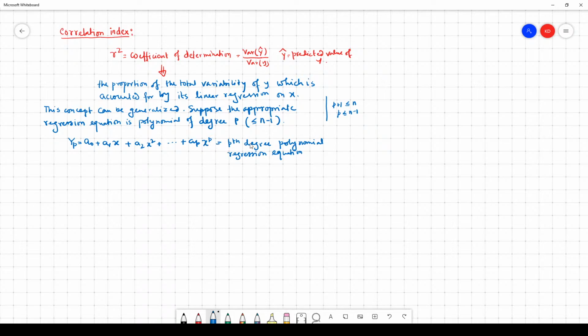Please rectify this thing. So this is a pth degree polynomial regression equation, where a naught, a1, a2, ap are unknown.